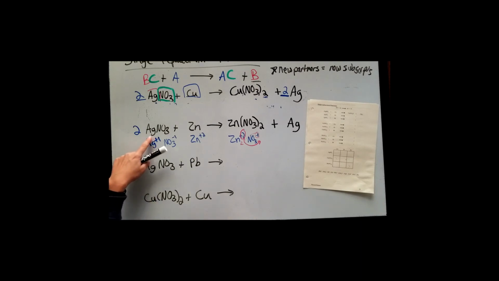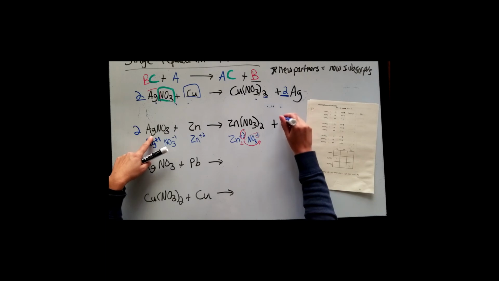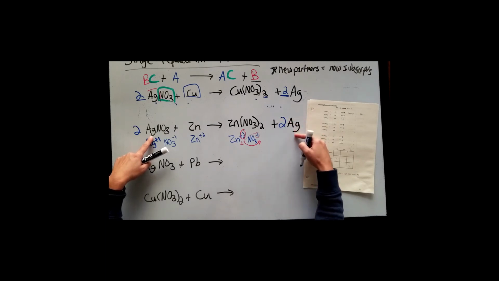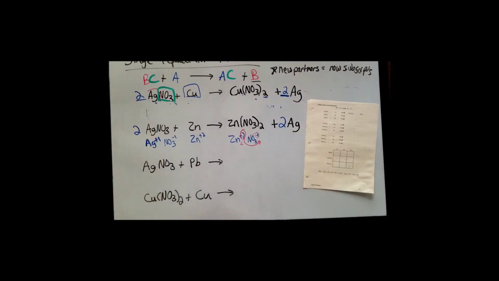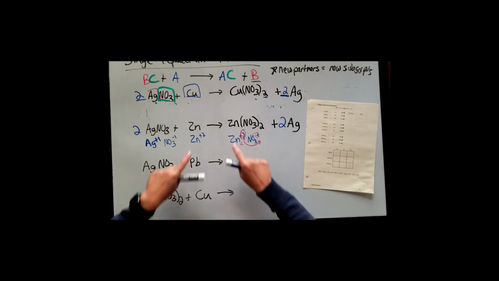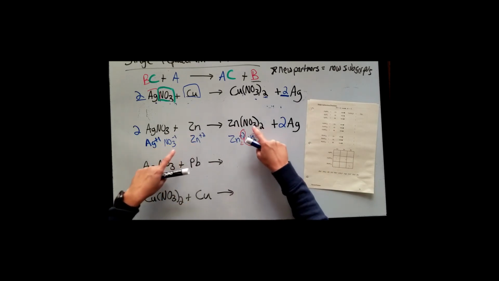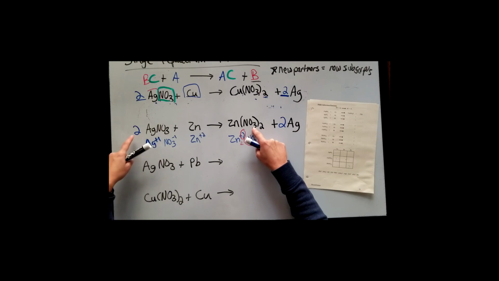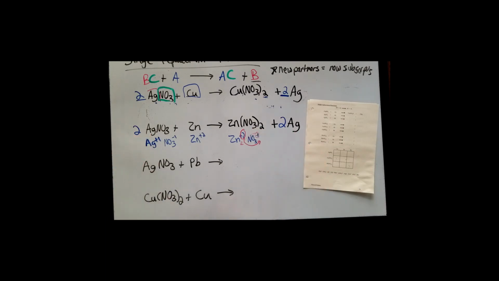That's changing my silvers to 2 as well, so I want to put a 2 over here to make sure that I have the same amount of silvers on both sides. So 1 zinc, 2 NO3s, 2 NO3s, 2 Ag, 2 Ag, balanced. So this would be the balanced chemical reaction for that one.